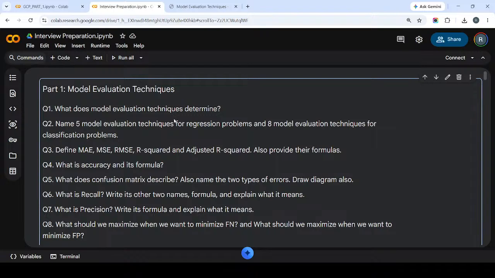To find that, we use some techniques, and those techniques are known as model evaluation techniques. So the precise answer is: model evaluation techniques are used to determine how our model is performing. This will be the answer to question one.